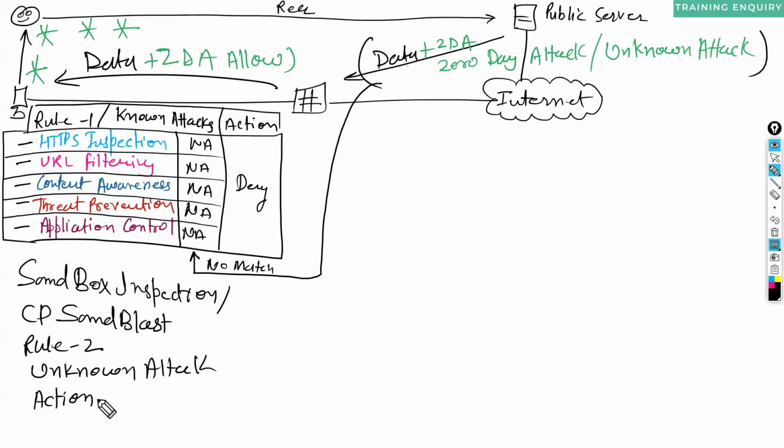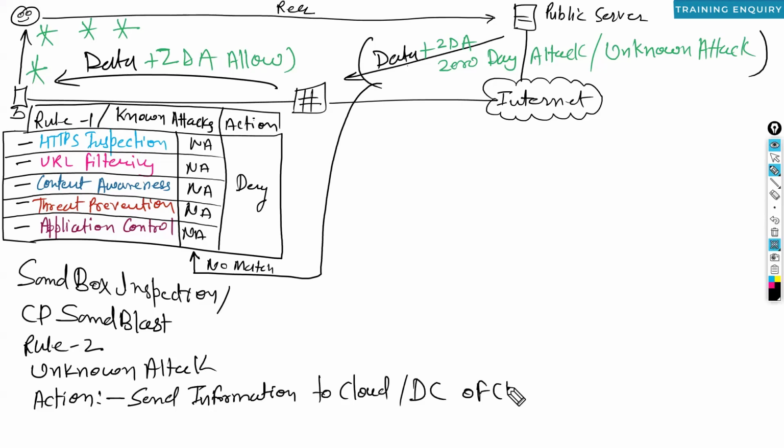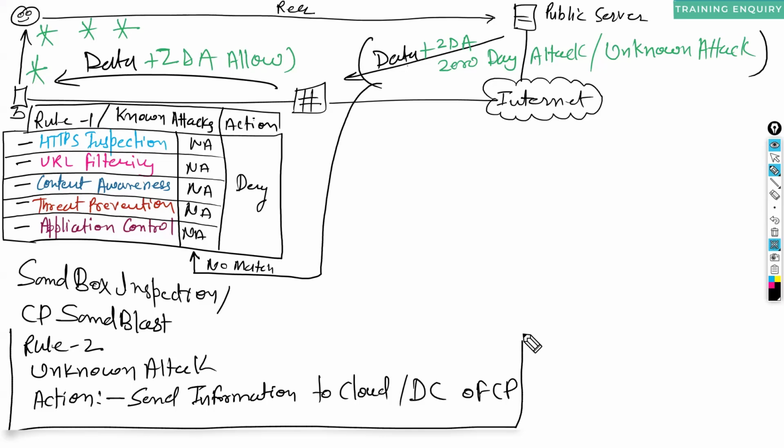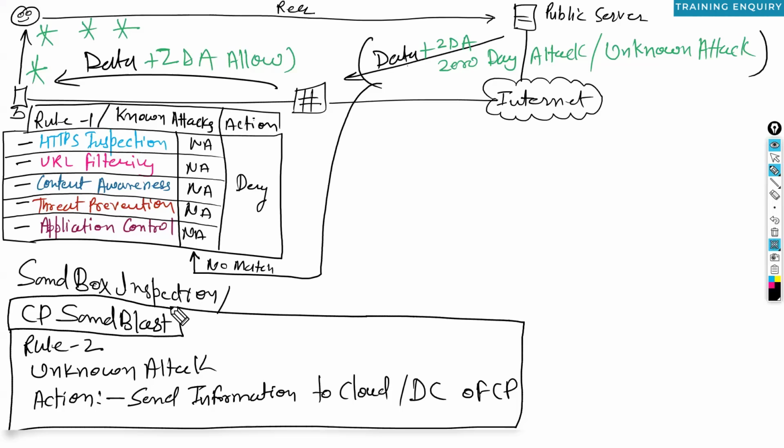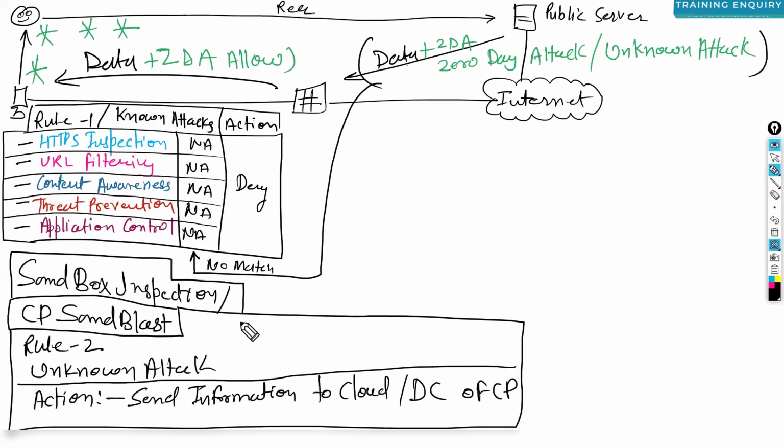What is the action? The action is to send information to the cloud or data center of Checkpoint. So in sandbox inspection we create a second rule, and this rule says that if attacks are unknown, then send information to the cloud or data center.